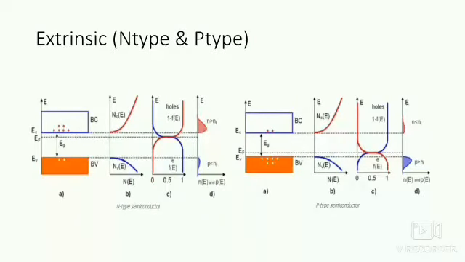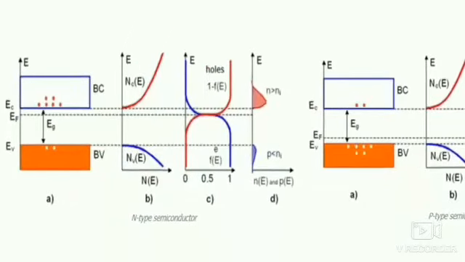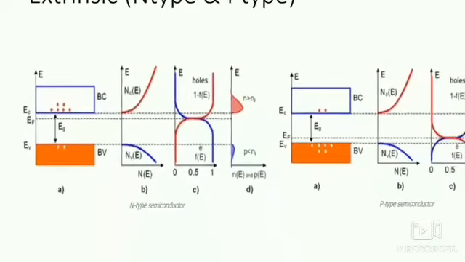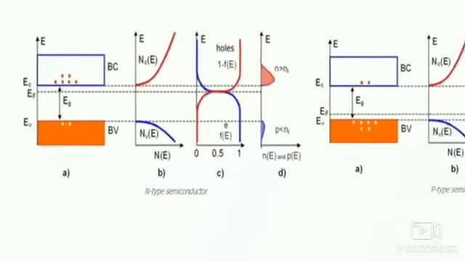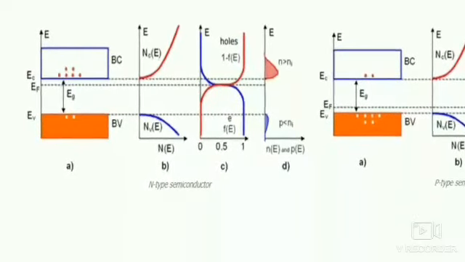Now this is extrinsic, where the value of EF we can see is nearer to the conduction band, not in the middle, and in the case of n-type, the number of electrons in the conduction band is more than the number of holes in the valence band, because since it is n-type, electrons are the majority carriers and holes are the minority carriers.